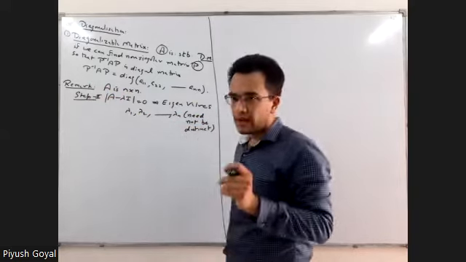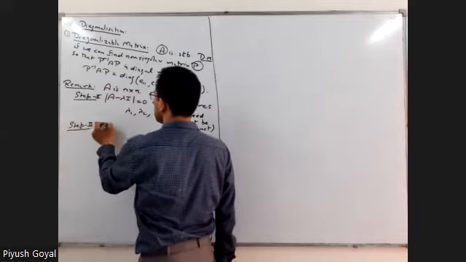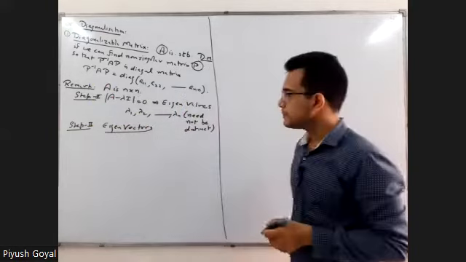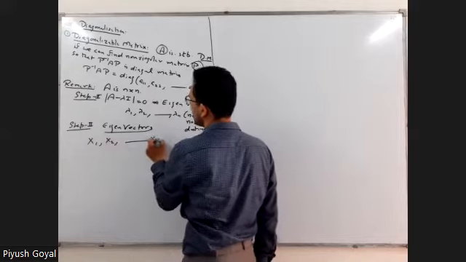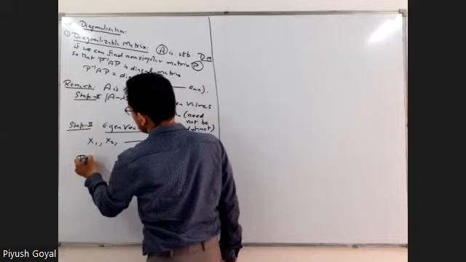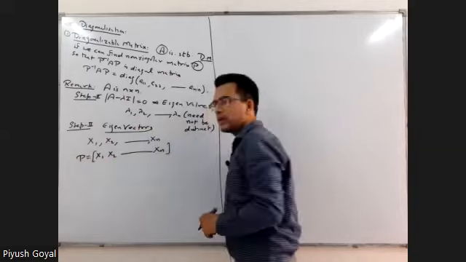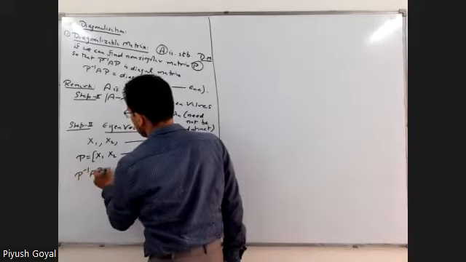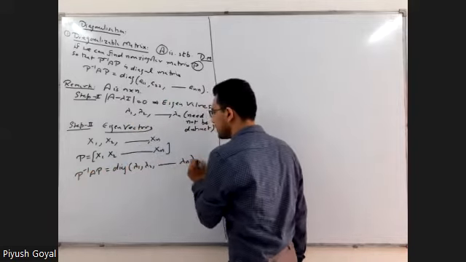Step 2: you find the eigenvectors x1, x2, up to xn. Using these vectors you form the matrix P, and this is your required matrix. P inverse AP will be diagonal with entries lambda 1, lambda 2, up to lambda n.